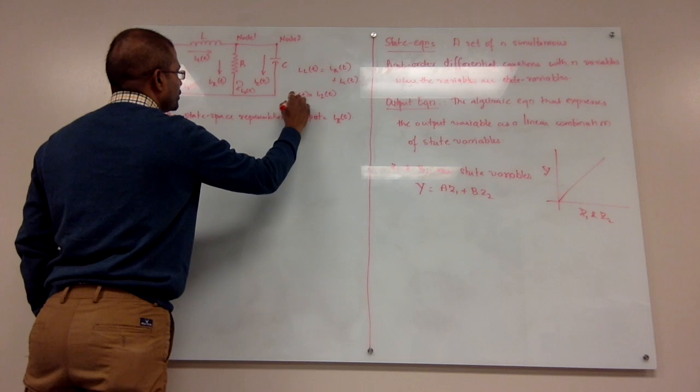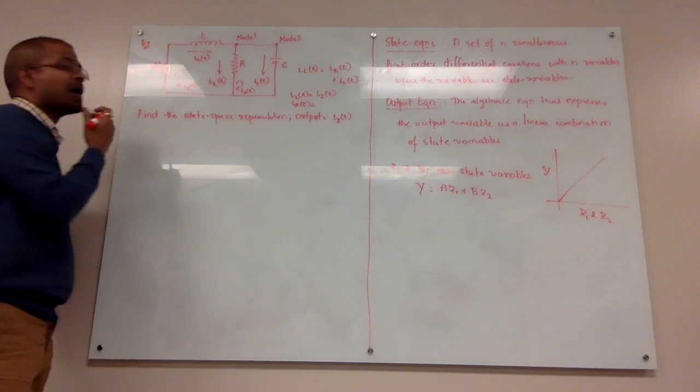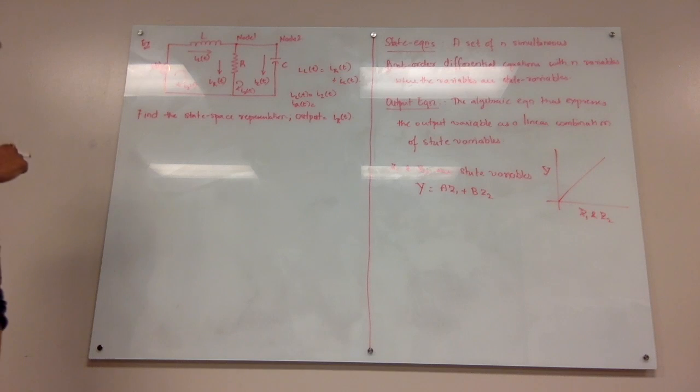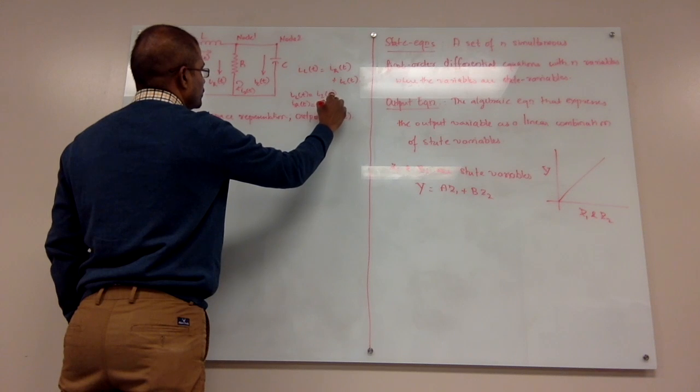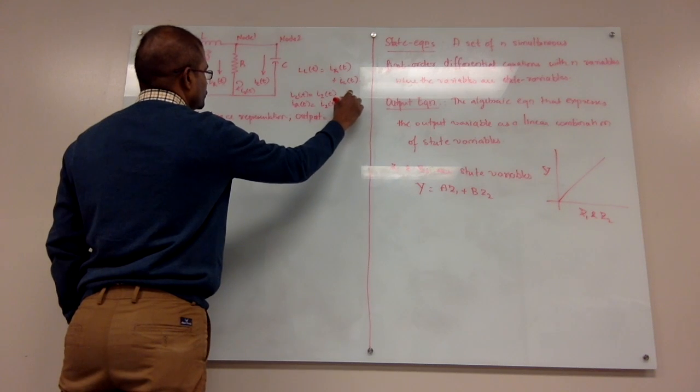What would IR be? IR would be I1 minus I2.